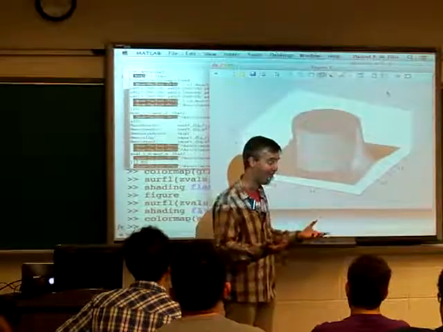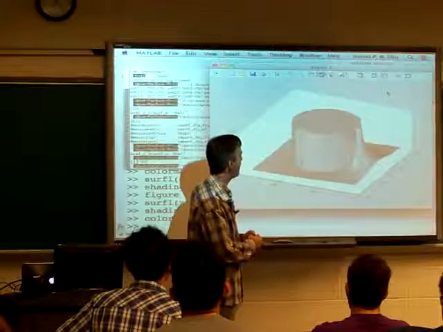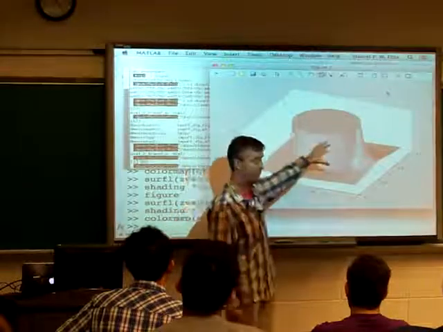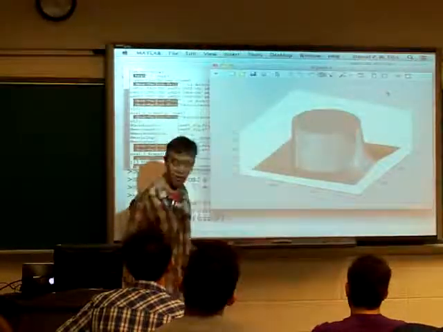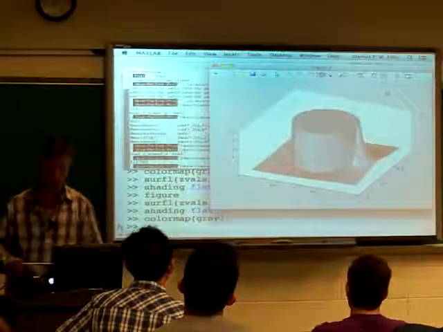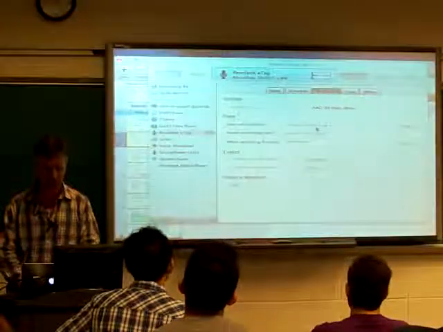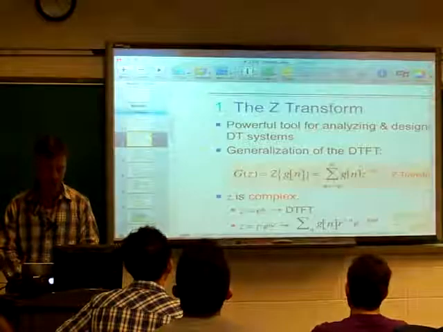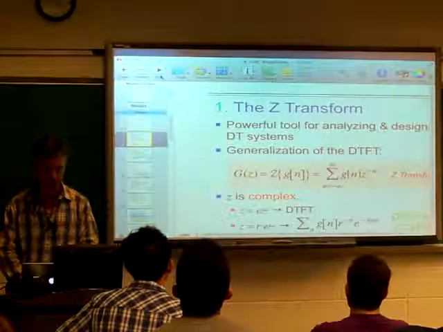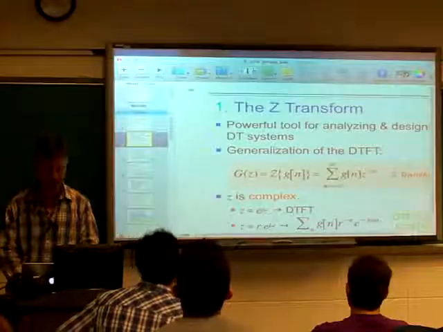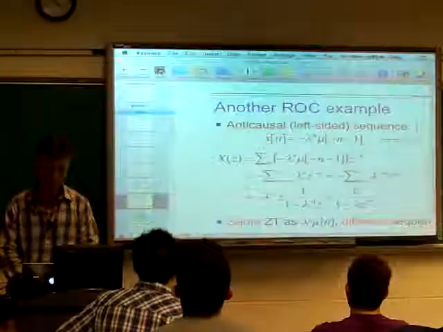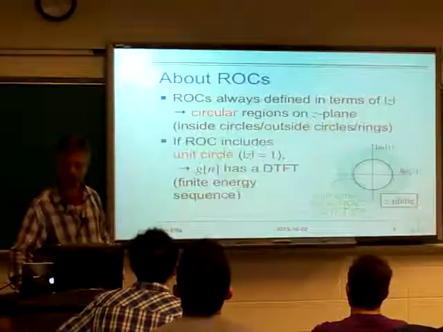We frequently get this situation where there's a circular boundary where the values do not converge. And so that gives us this concept of a region of convergence.